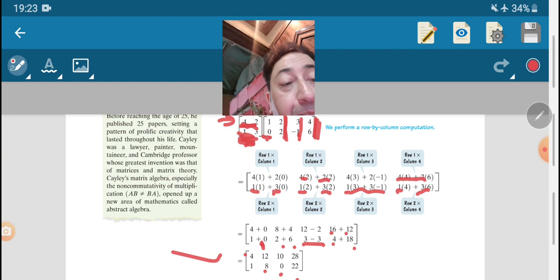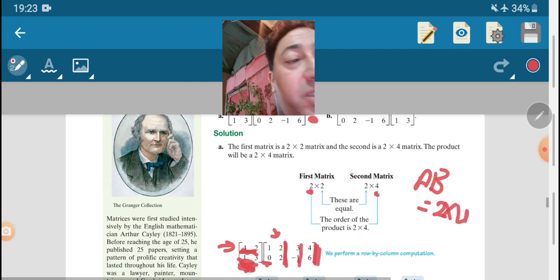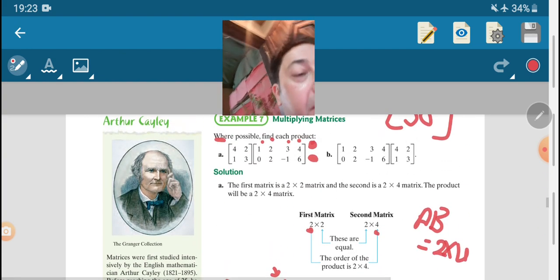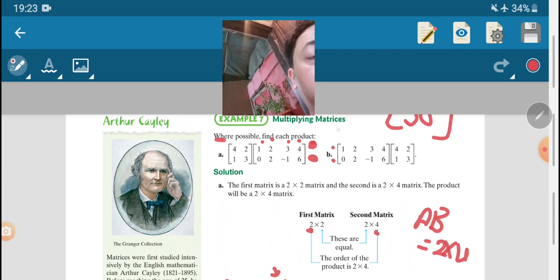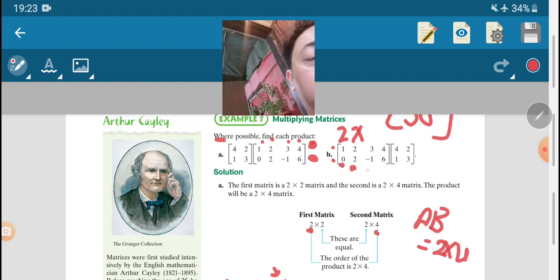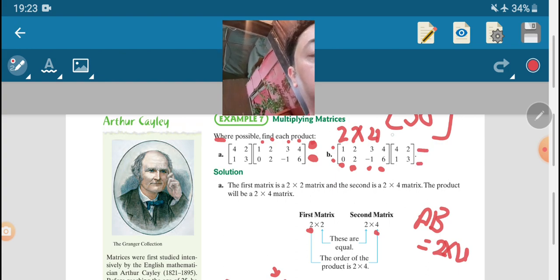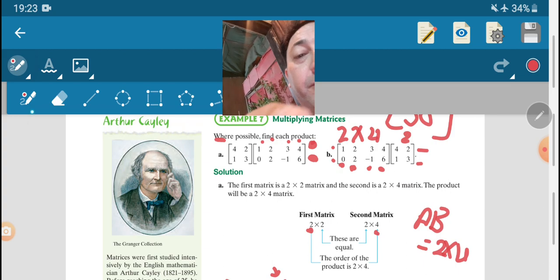Is it hard? Let's see the second one. Here we have how many rows? 2 rows, times how many columns? 1, 2, 3, 4. How many rows here? 2. How many columns?